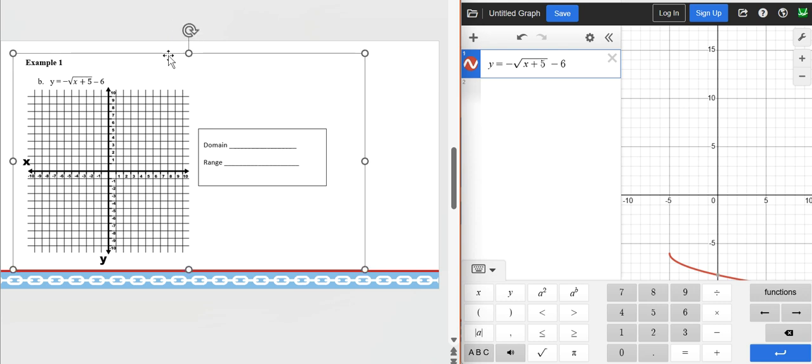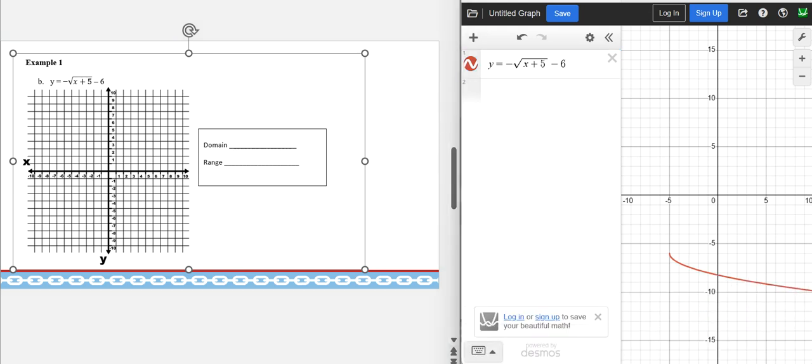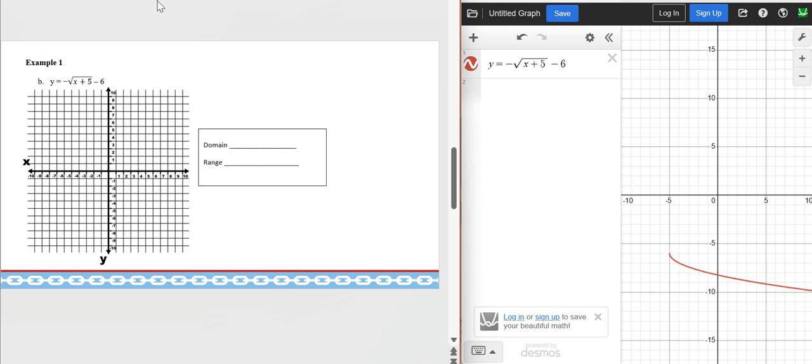So my graph is now not going up from that starting point, but moving down from the starting point. So my origin point is at negative 5, negative 6. And it's moving down and away to the right.